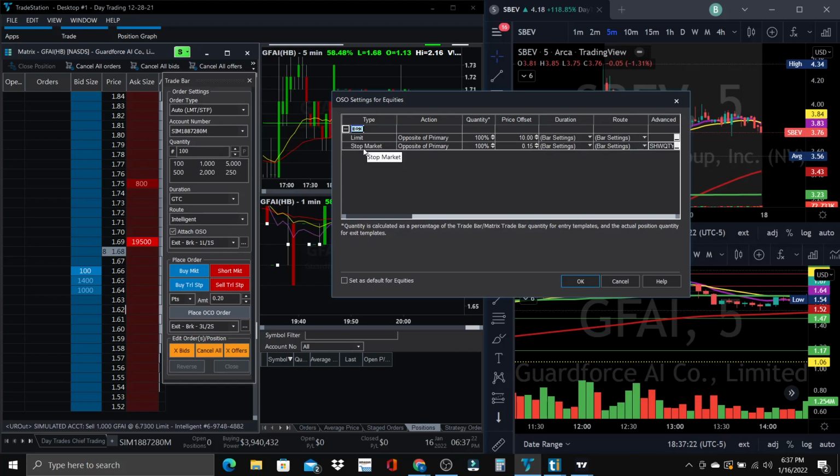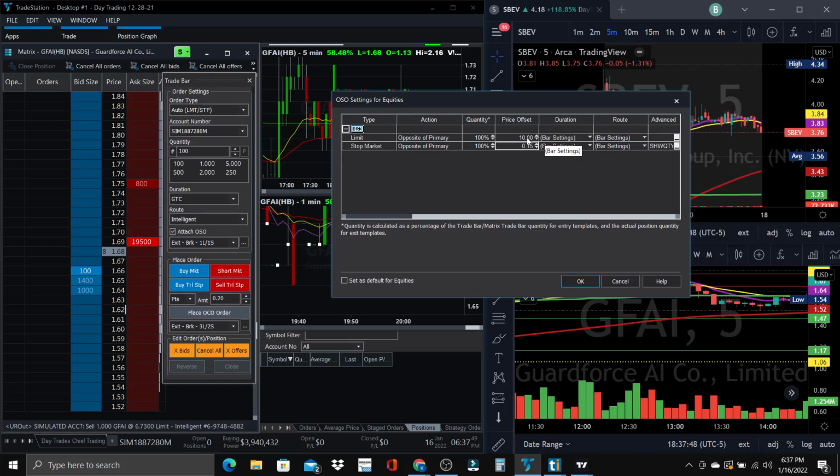But this is more important. The stop market on the trade, I have a stop market for 15 cents if I were to leave this on here. That means if the order were to go through, it would not execute a sell order until it reached $10 of profit, or it would come back down to a 15-cent stop loss. So if it came down 15 cents, I would be stopped out. If it went up $10, I would make $10.